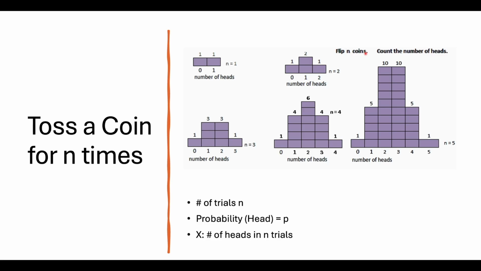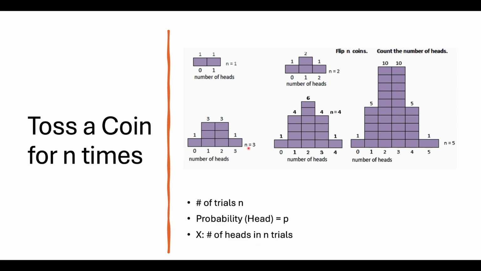Now, as we increase the number of trials, we can measure the probability that we have x number of heads when we toss n coins at the same time or toss a coin n times. So still, the number of trials is n, the probability of getting head is p, and we are looking at the probability of getting x successes, or x heads, in these n trials.